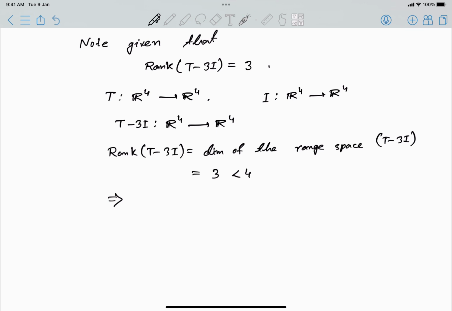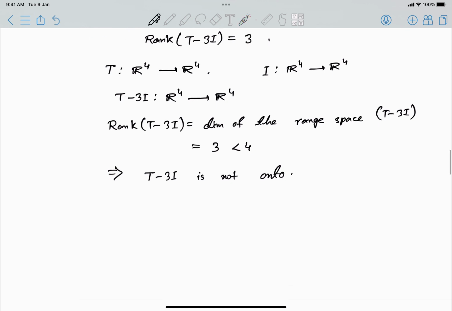Which implies T minus 3I is not onto, right? Because its range has dimension 3, but it is a map from R4 to R4. As this is a finite dimensional linear operator from R4 to R4, which implies T minus 3I is not invertible, right? Because it is not onto means not bijective, so it is not invertible.